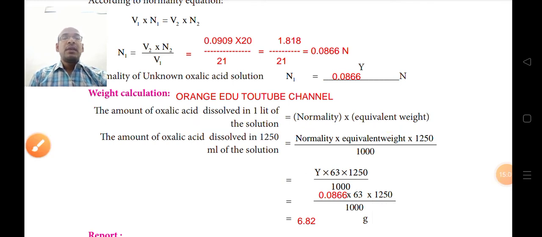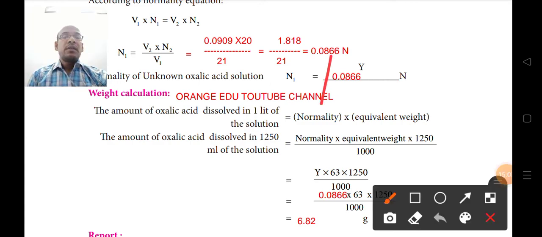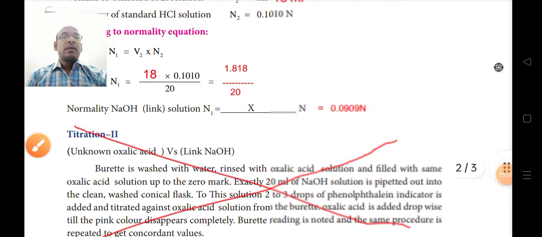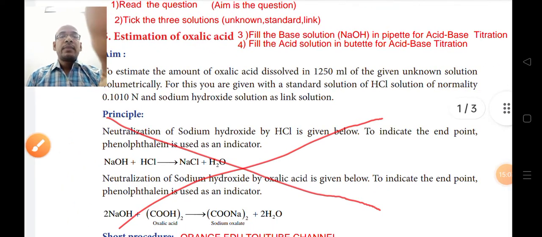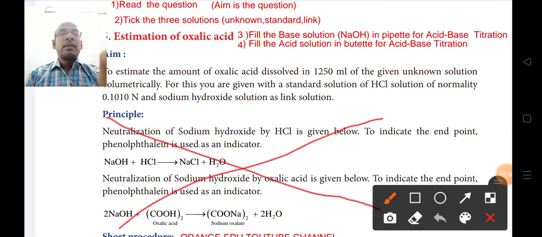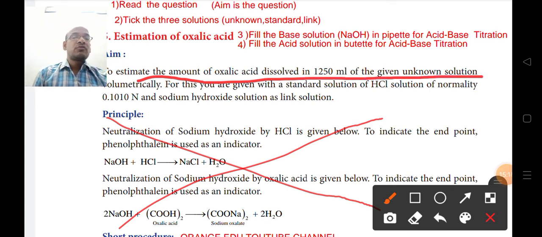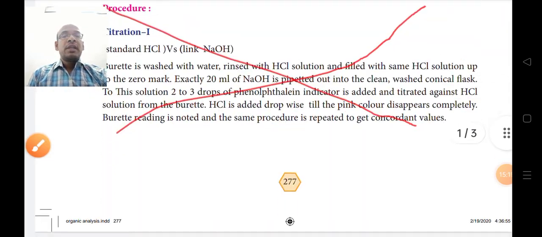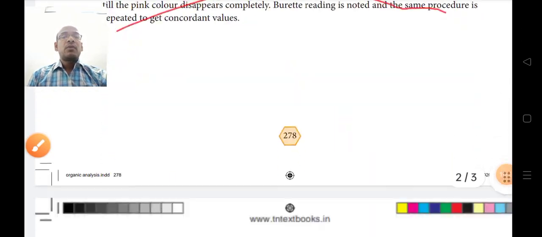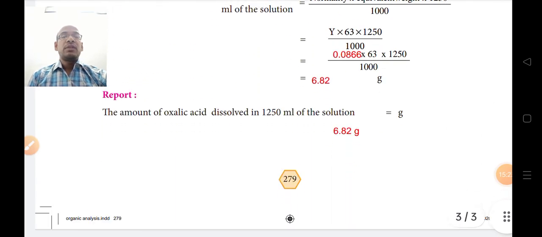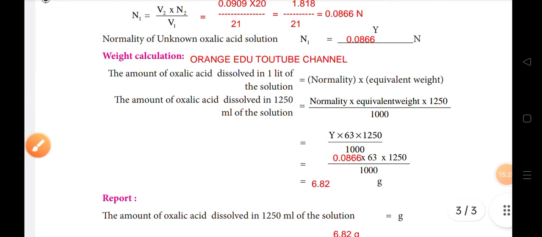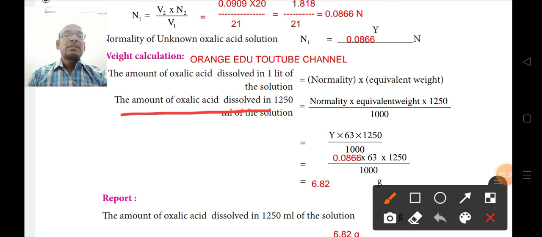But the question asks to estimate the amount of oxalic acid dissolved in 1250 ml of the unknown solution. Therefore, we write down from the question, no need to memorize this part: the amount of oxalic acid dissolved in 1250 ml of the dilute solution.